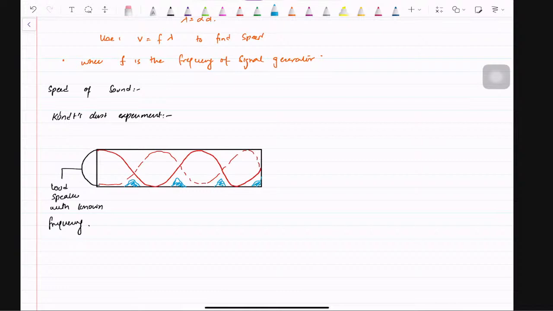So we can easily identify where the nodes are. Let me write it here because I'm going to use it: heaps of powder. Obviously, one node will be here, then the other one here, and the other here. So we can find the distance between these nodes.